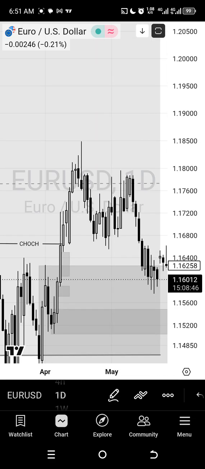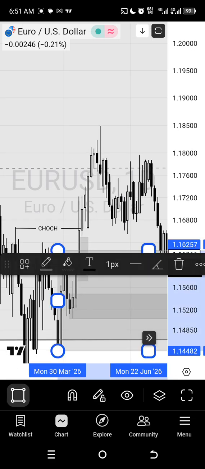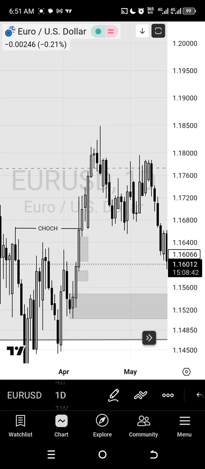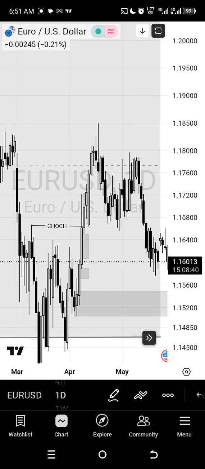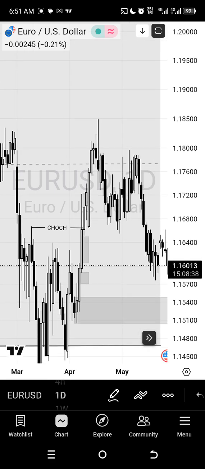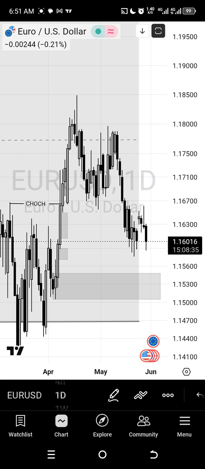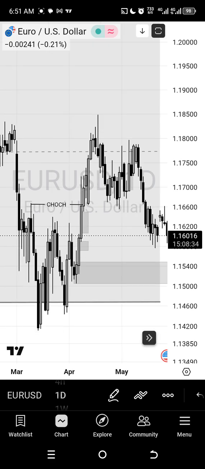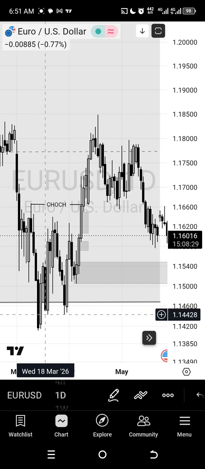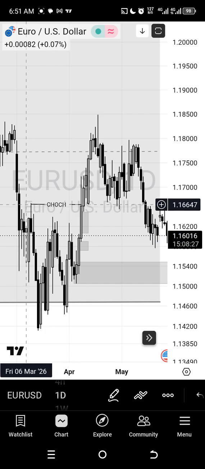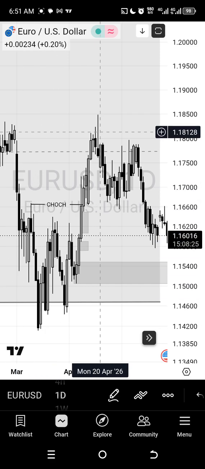So let me first explain what's happening. Now I've refined my key level from the weekly time frame. What I want you guys to understand here is we got the daily range. That is, the market took the low and the high of this range, and then created an expansion swing.